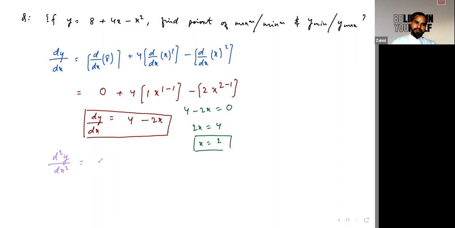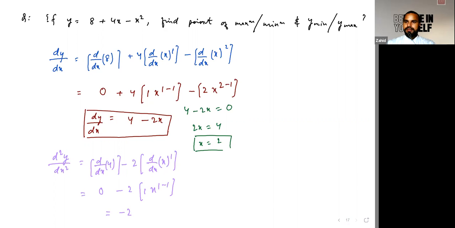First term is 4, which is just a constant term, so its differentiation would be 0. Minus 2 being coefficient, take it outside. Differentiation of x raised to 1, so it will be 1x raised to 1 minus 1, and it will be 0, so x raised to 0 would be just 1. So you will get minus 2. Is it clear? Yes.